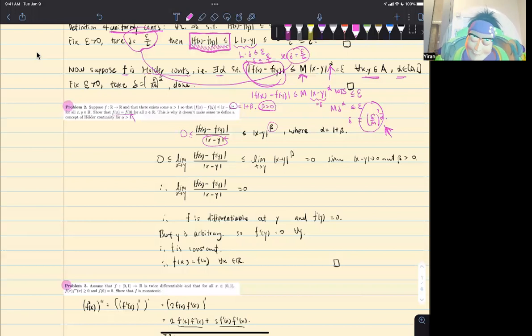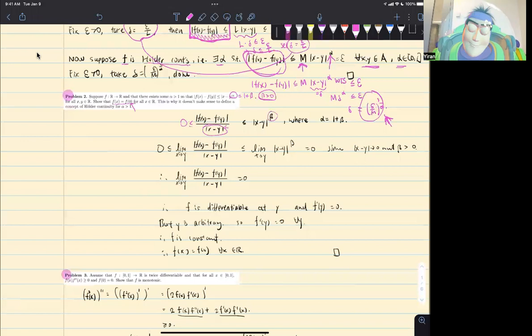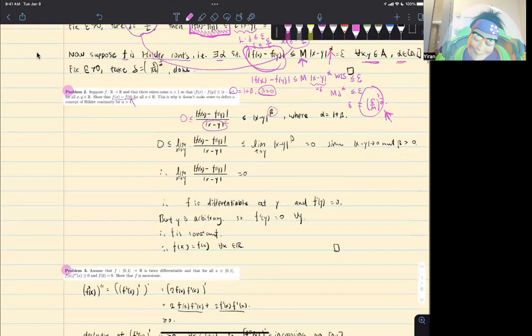We know this is larger than 0. And what else we know is that the limit, when x converges to y, becomes the derivative at y. So we already have this inequality, and then we just put the limit on both sides, as x converges to y.